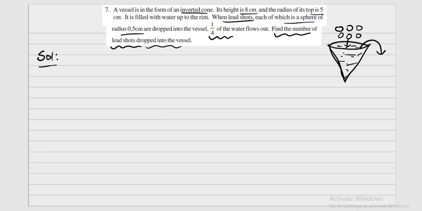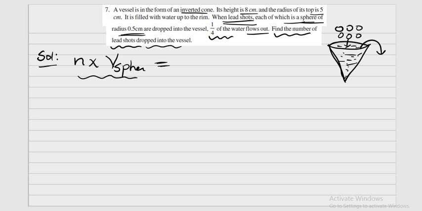And after that what happened? So some lead shots are dropped which are in the shape of a sphere having radius 0.5 centimeters. Then what happened? 1/4 of the water flowed out. So find the number of lead shots dropped into the vessel. So already we know that number of lead shots, so n into volume of each lead shot is equal to this particular volume.